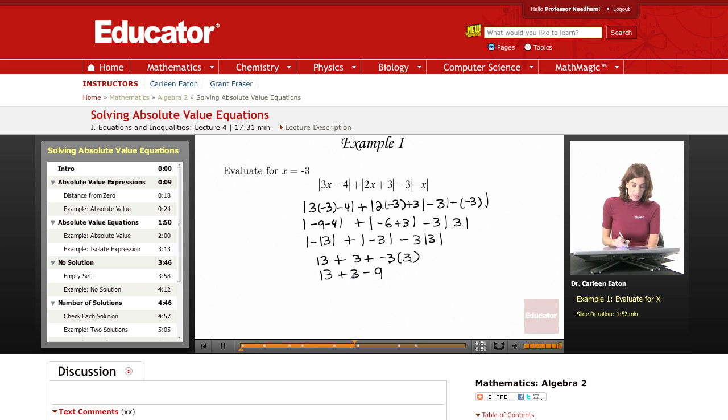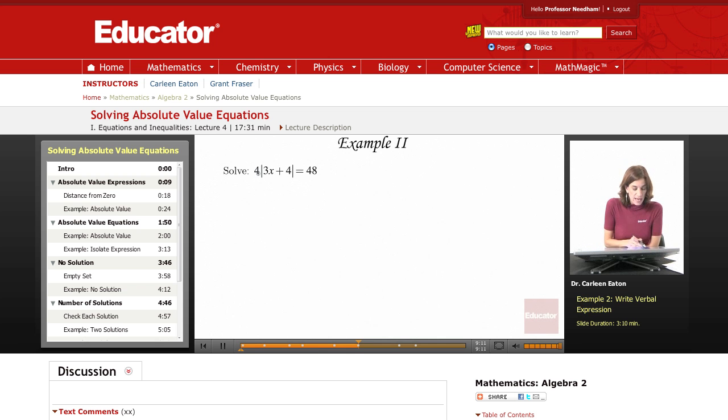So 13 plus 3 is 16, minus 9 is 7. So we solved this by substituting in negative 3 for x, finding the absolute values for these three, multiplying the last one by negative 3, and then simply adding.